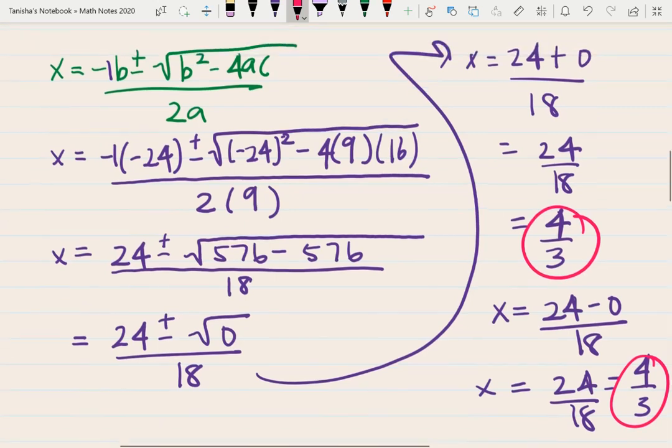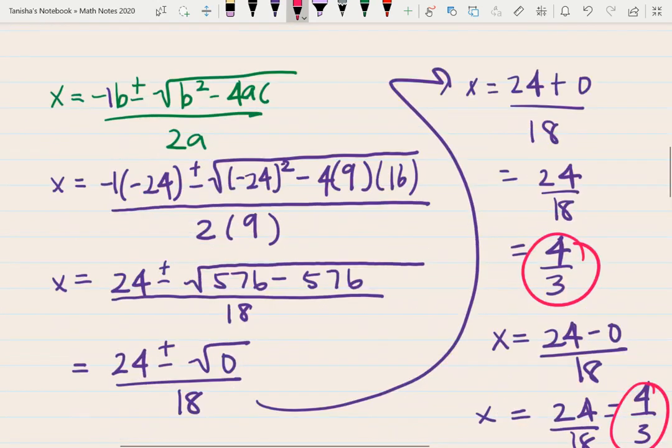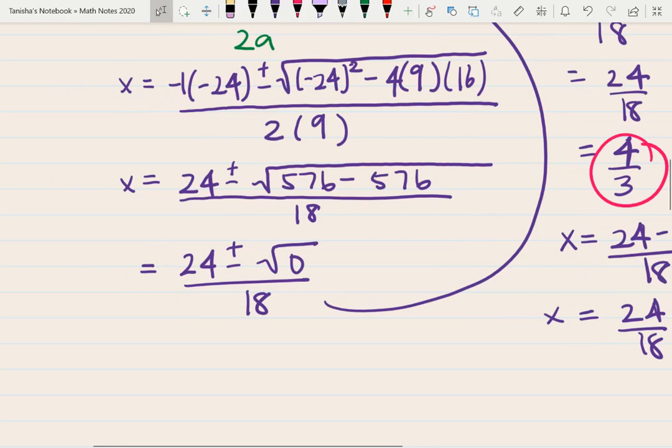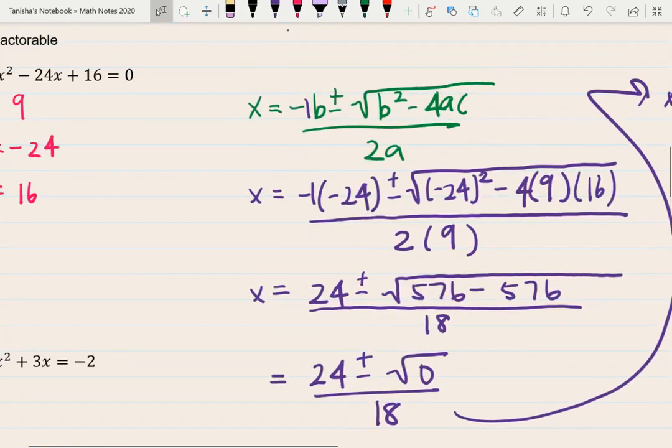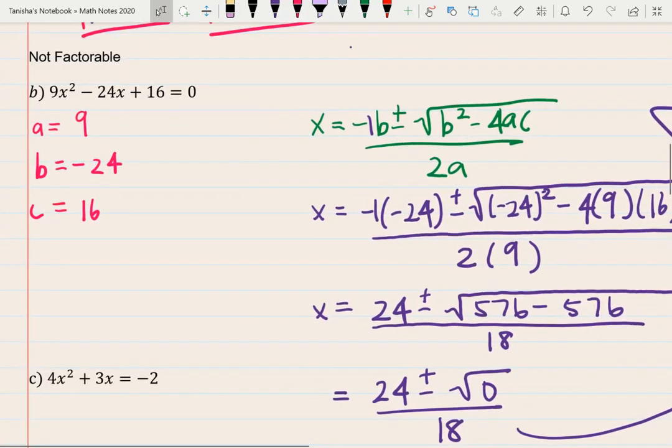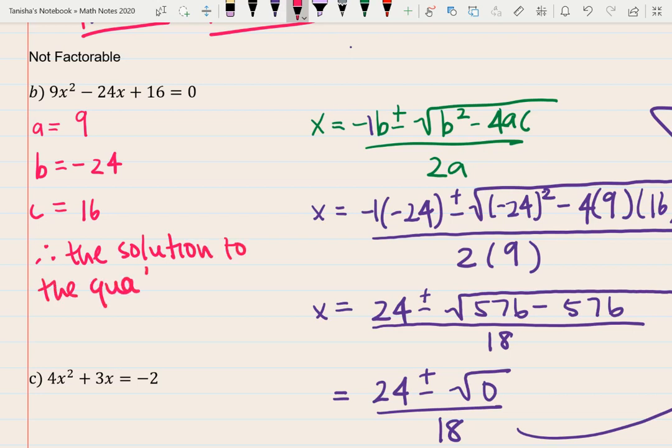They're identical. So we would say that the solution to this quadratic equation is 4 over 3, right?